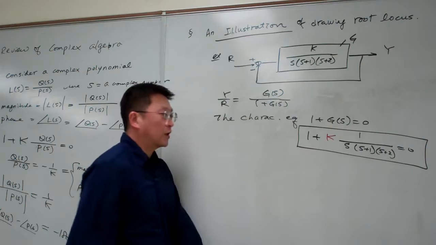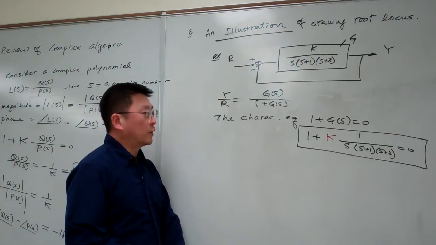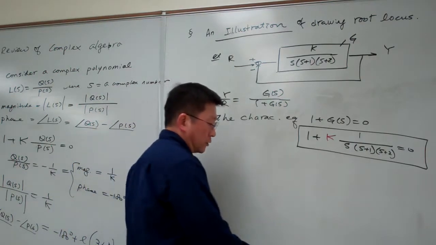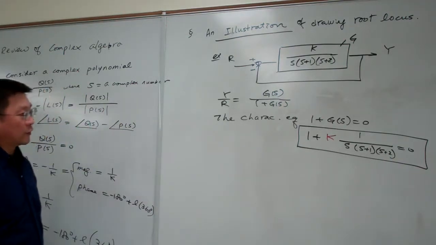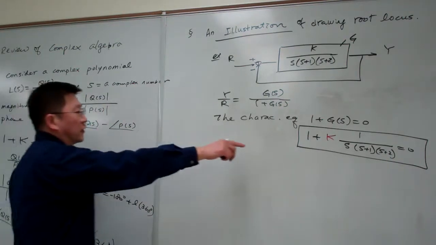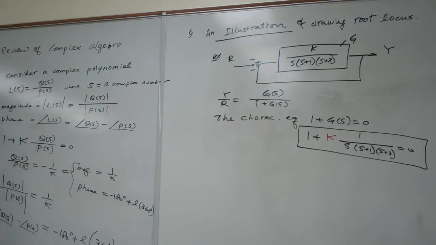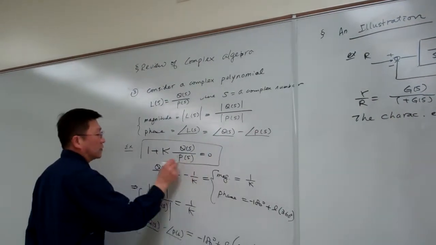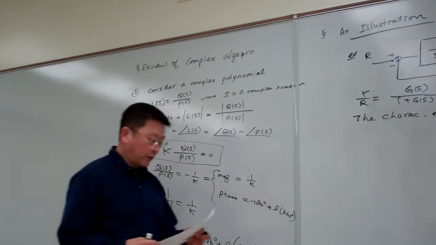That is, we have so many possible roots. So we want to collect all the possible roots. So that is the starting point, and we fit these equations back to here. Again, we follow this concept here, and let me rewrite.